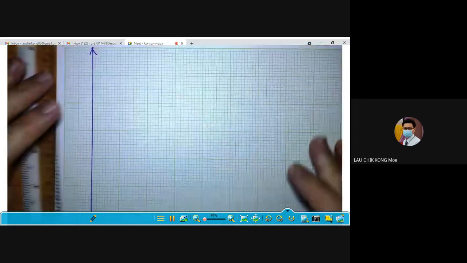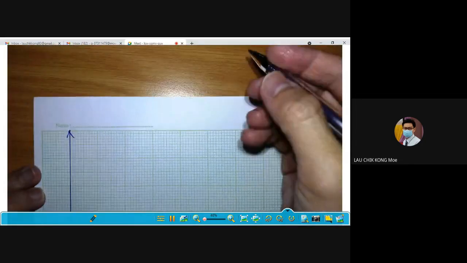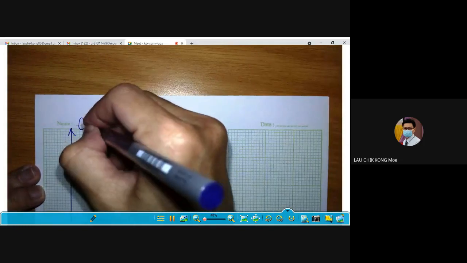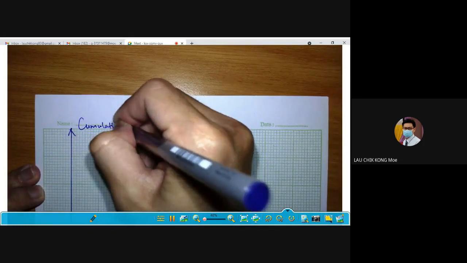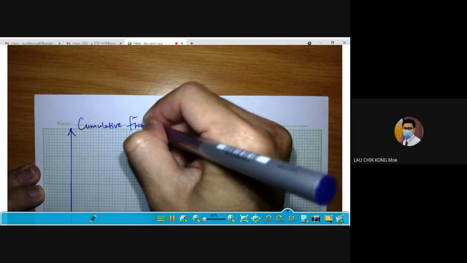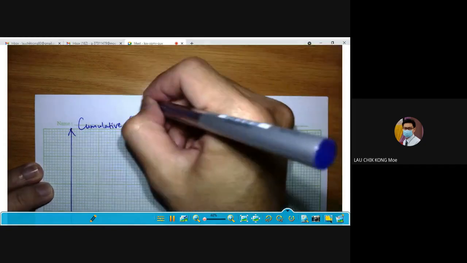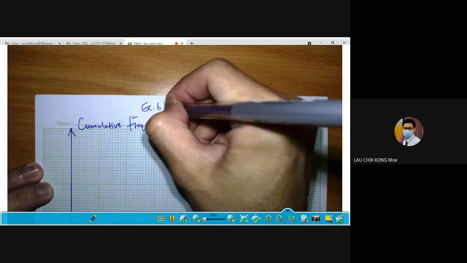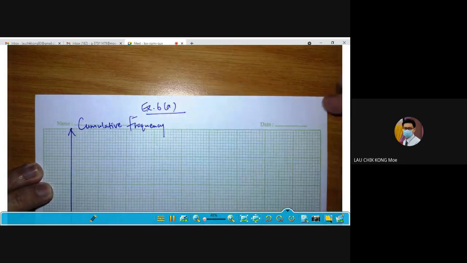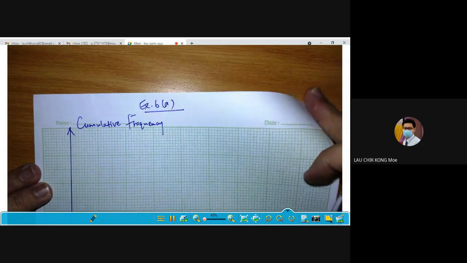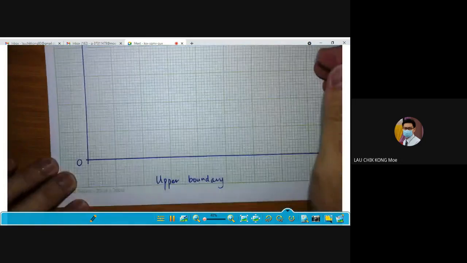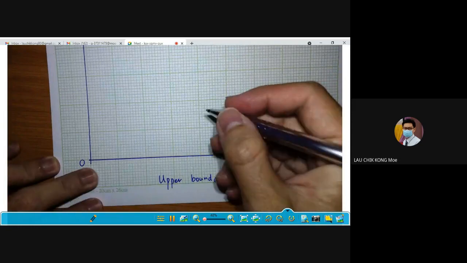Okay, and then this is cumulative frequency. Write down cumulative frequency against our boundary. So this is example 6A. Okay, and then you write down the upper boundary. Upper boundary 99.5, is it?